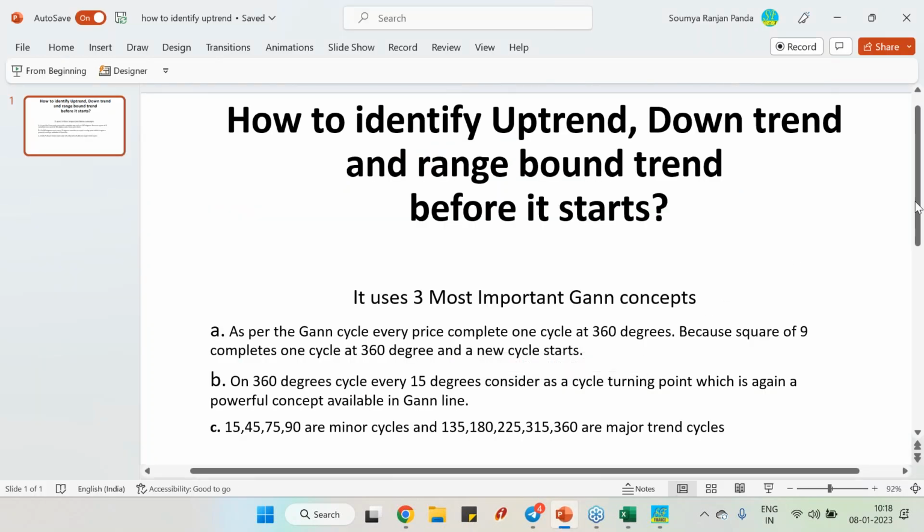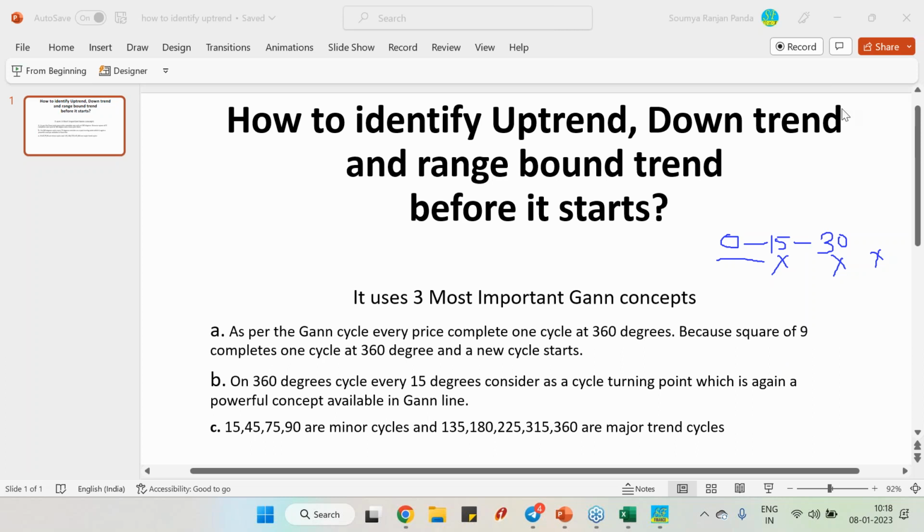This particular part of our rotation is the 360 cycle. But during this 360-degree rotation, every 15 degrees we will find a turning point. It means there are chances the cycle may terminate, may end prematurely, on these price points: 15 degree, 30 degree, 45 degree. These are turning points.